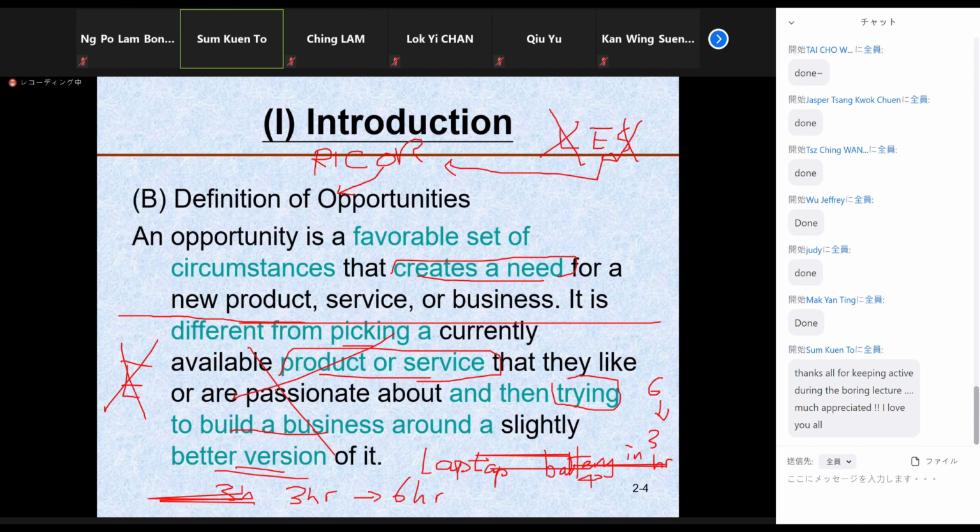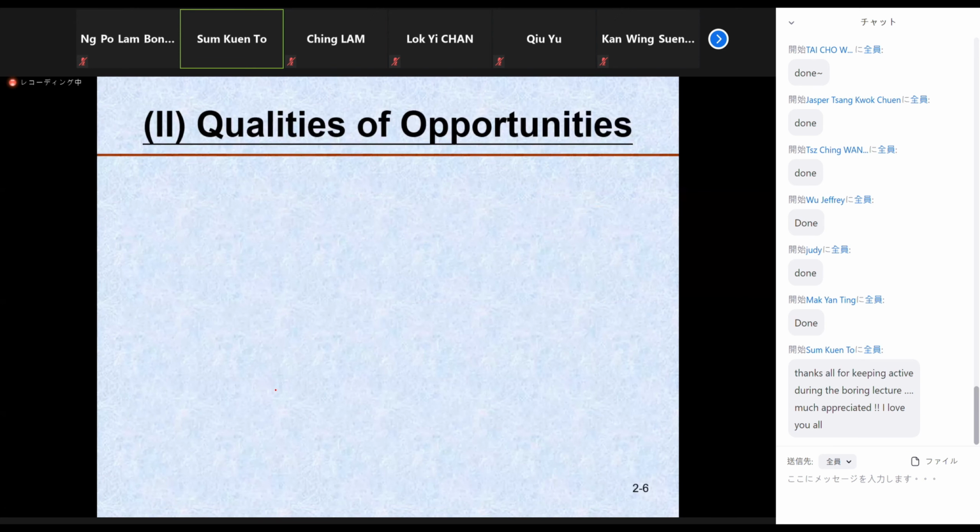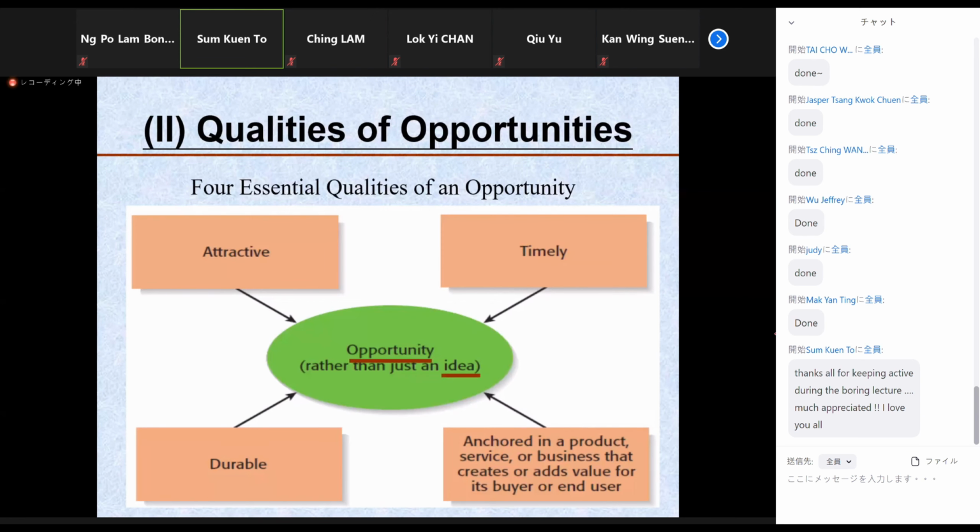All right. And also there are some characteristic features. I call it DATA. After this, I will also try to differentiate. Now we are still focusing on opportunity, and we haven't really talked about idea yet, not yet.